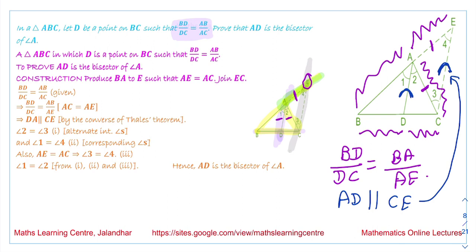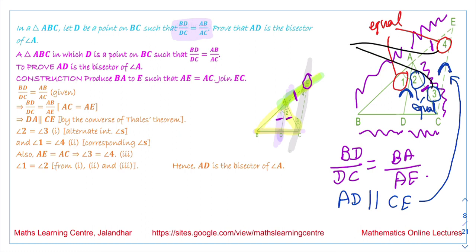Now if these two lines are parallel to each other, it means angle 3 and angle 2 are equal because these are alternate angles. Angle 1 and angle 4 are equal because these are corresponding angles. Next, AE is equal to AC, so from this result angle 4 and angle 3 are also equal.